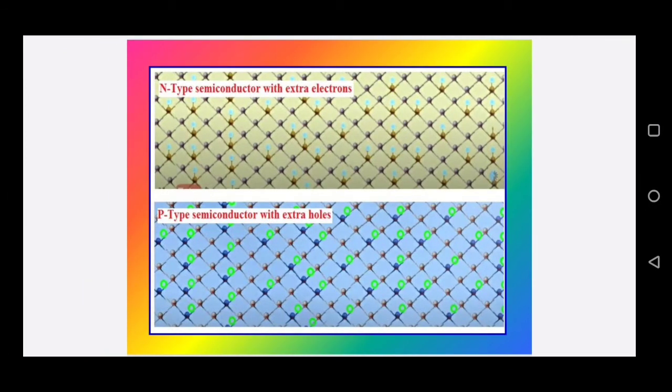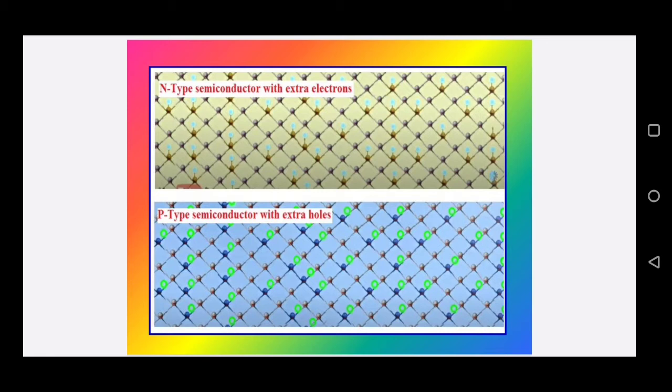Let us assume a phosphorus atom is injected into the silicon atom. That is, when silicon is doped with phosphorus. Here, phosphorus is having valence electron 5.